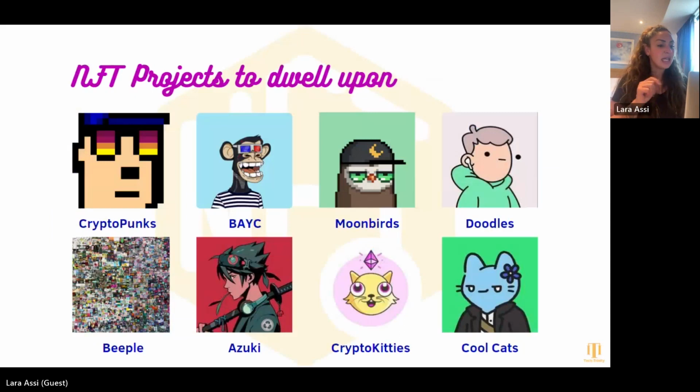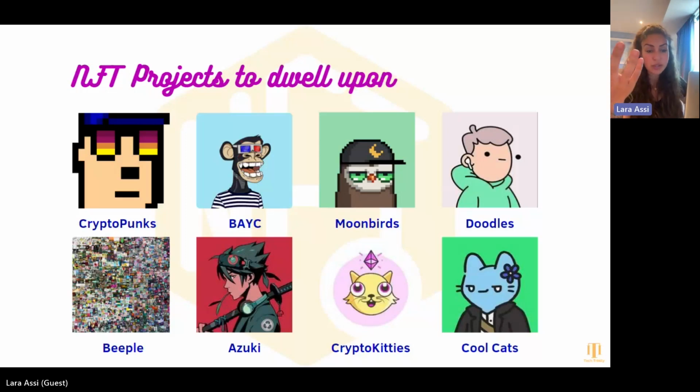Now, some NFT projects, I advise you to just take note of these projects. Each one of them has a certain attribute. I'm not going to go through them all, but I'm going to talk about CryptoPunks a little bit, Beeple and CryptoKitties.